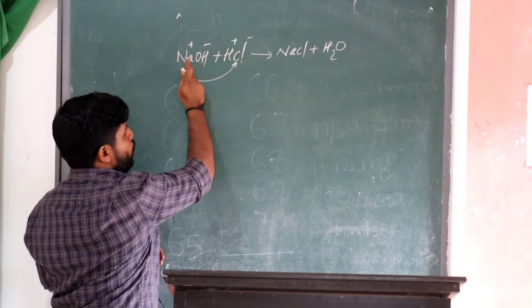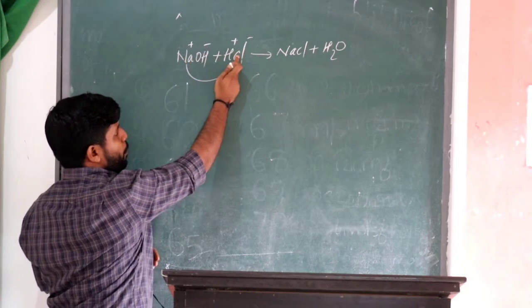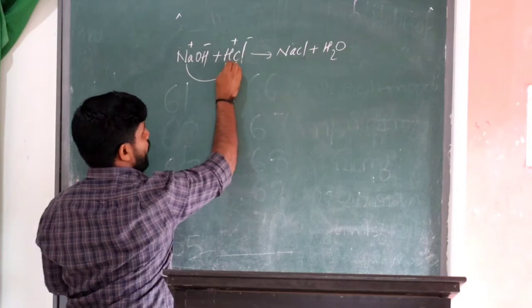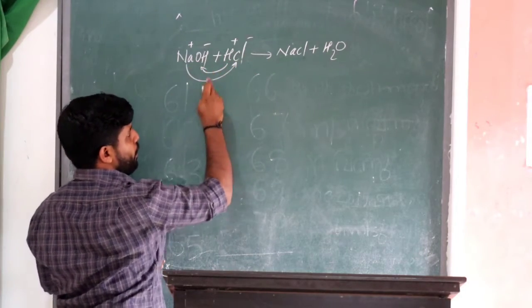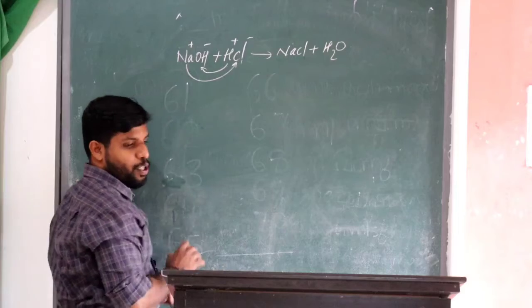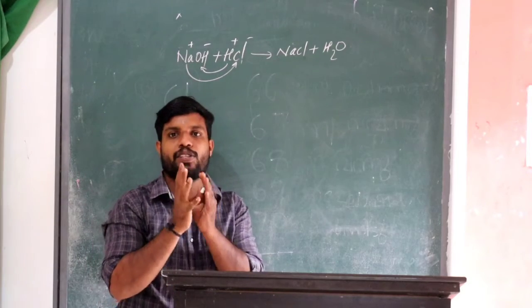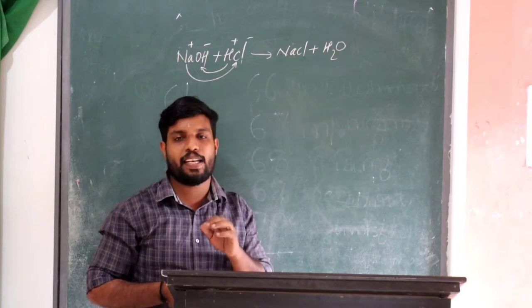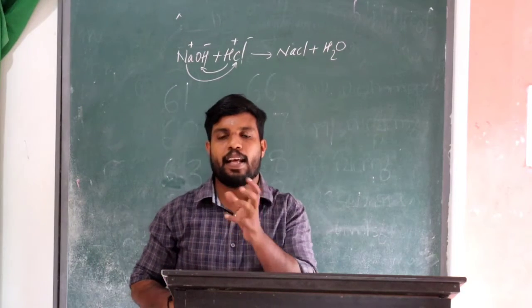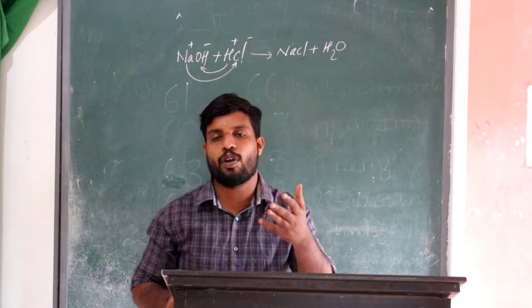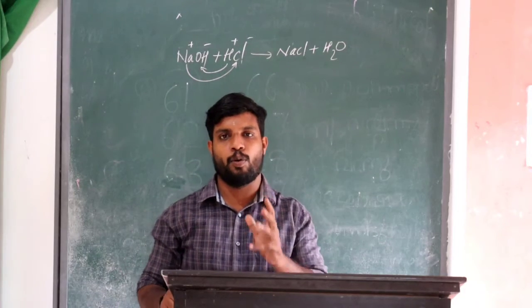Na plus and Cl minus combine to form sodium chloride. Then H plus combines with OH minus to form H2O, water. So this is known as the neutralization reaction: when an acid and an alkali react together and form salt and water.